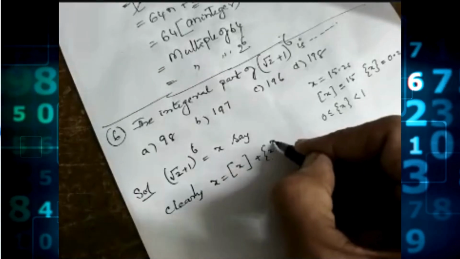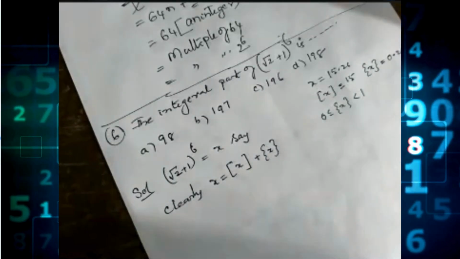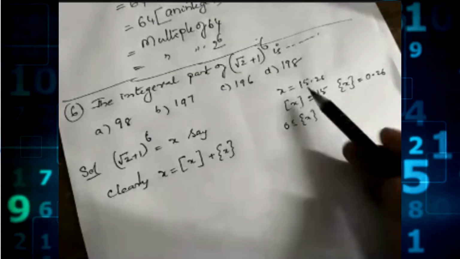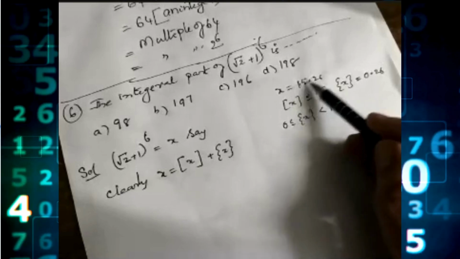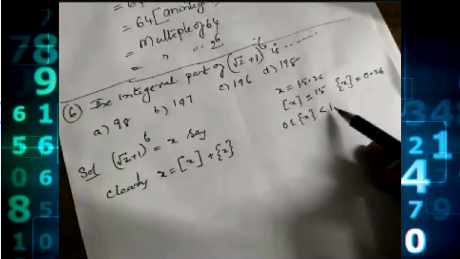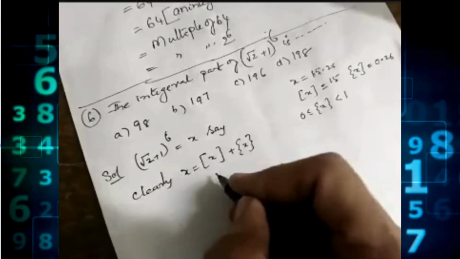Isn't it? Yes. For any number, x is equal to step of x plus fractional part. 15 plus 0.28 is nothing but 15.28. Clearly x is equal to step of x plus fractional part of x.